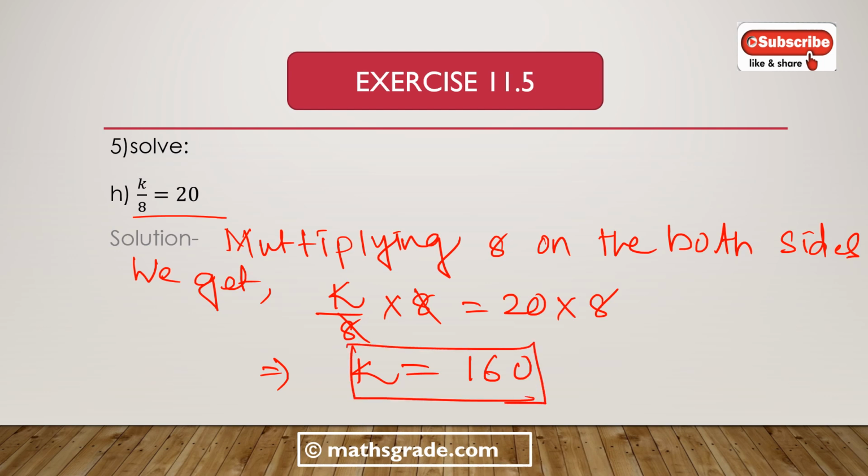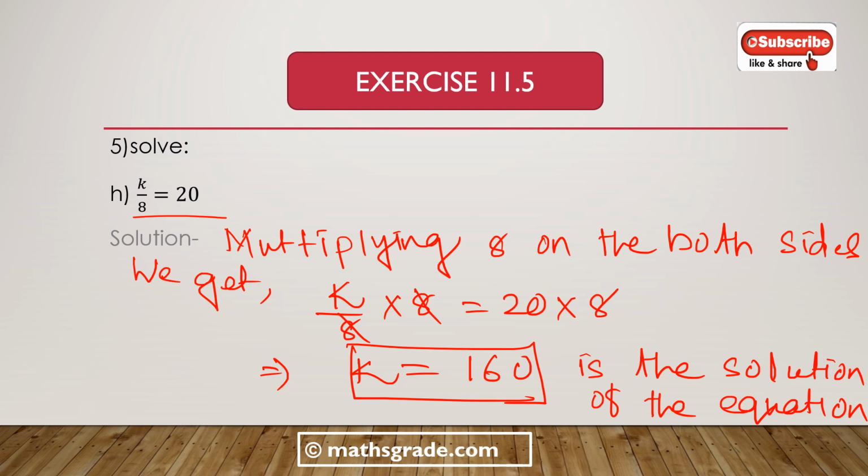K equal to 160 is the solution of the given equation k divided by 8 equal to 20, and the value of the variable k is 160.